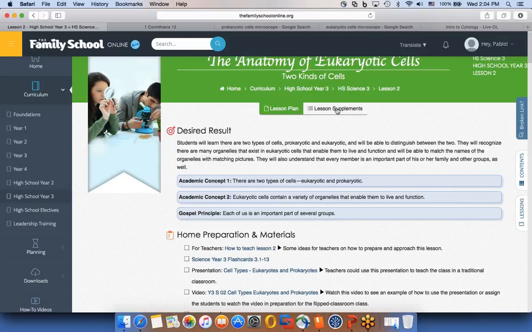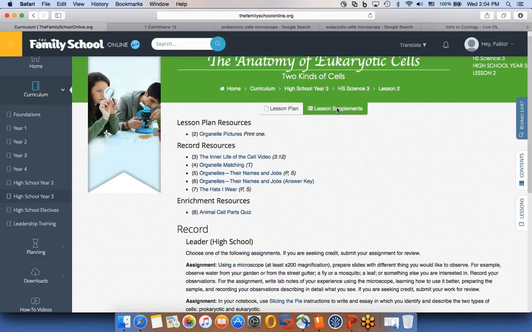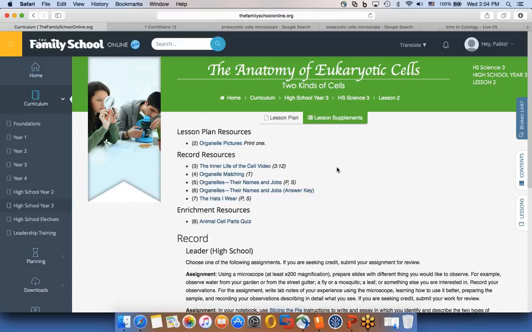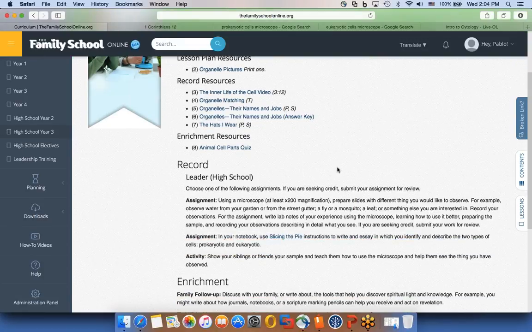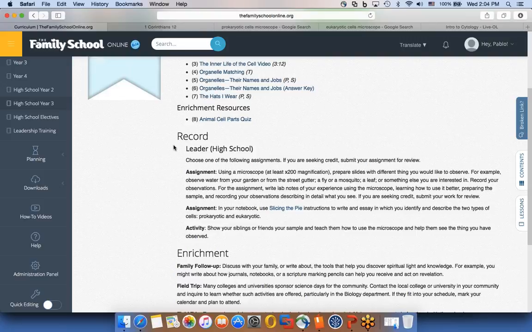The assignments are in this other tab that says lesson supplements. In the lesson supplements, we are going to have 2 sections. Here in this lesson, I have just the leader high school section, but in most of the lessons, there's going to be a middle school and a high school section, one for scholar on the middle school and one for leader for the high school level.